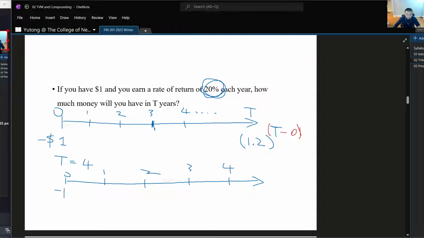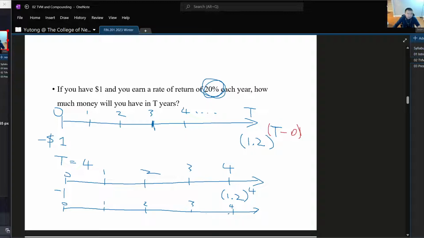If I put $1 in here, at the end of year 4, I should get 1.2 to the power of 4. Okay, but if I begin like here, so times 0, 1, 2, 3, 4.